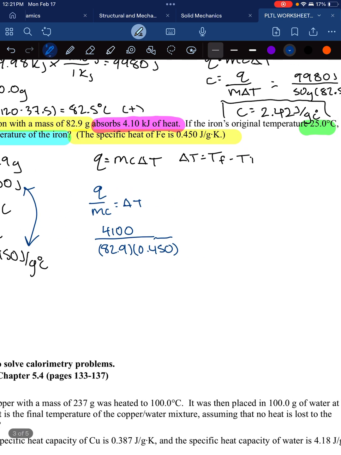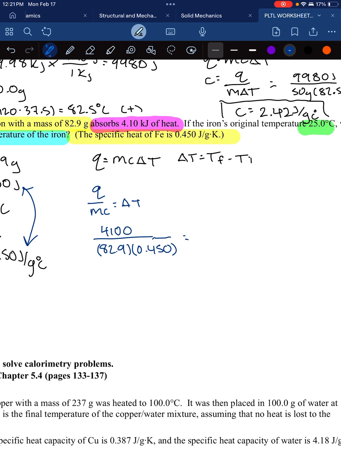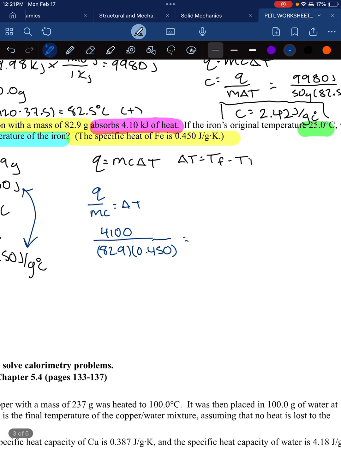Let's put that in and solve for delta T. And I'm getting 109.9 degrees Celsius, and that's going to equal our delta T.